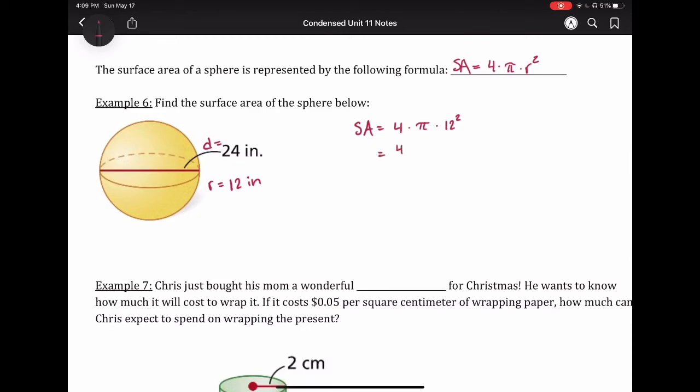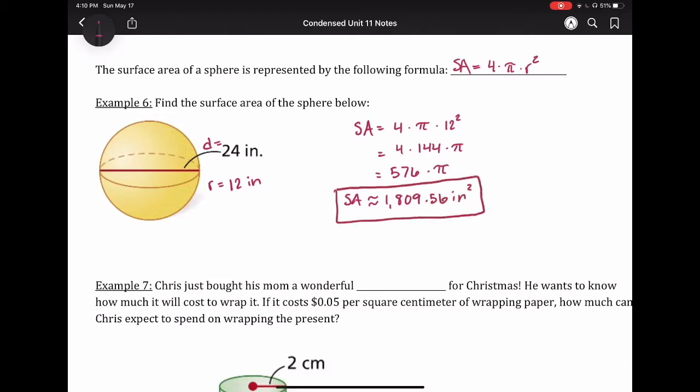So I end up with 4 times 144 times pi. 4 times 144 is equal to 576, so I'm left with 576 times pi. When I multiply that out, I get that the surface area is approximately equal to 1,809.56 square inches.